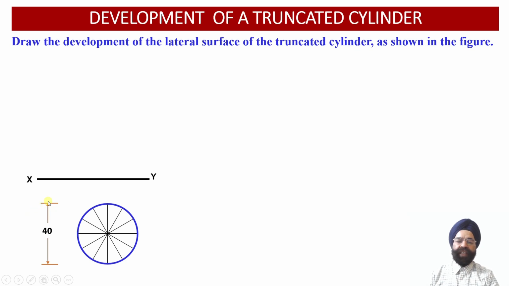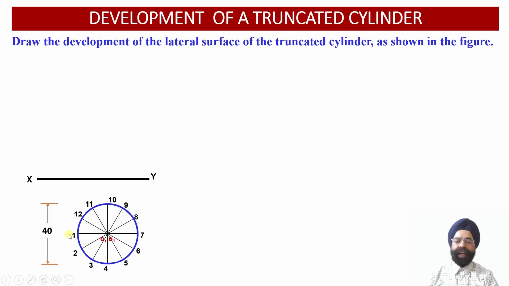The diameter of the circular projection we have taken as 40 millimeter, and we have divided the circular top view projection of the cylinder into 12 equal segments, such that the included angle of each of these sectors is equal to 30 degrees.